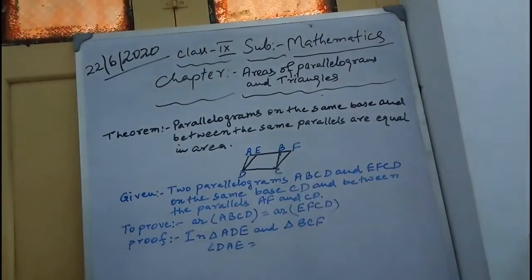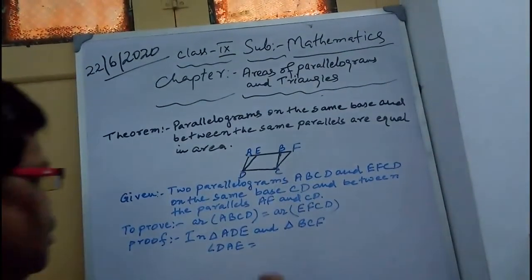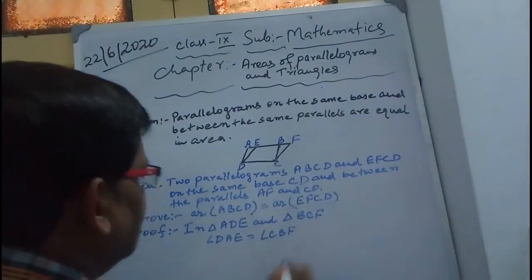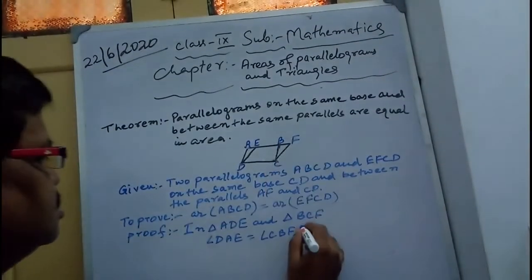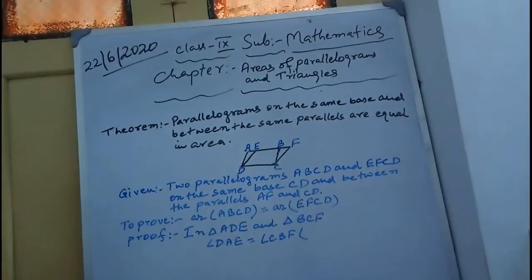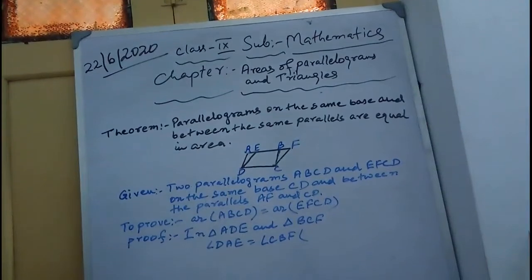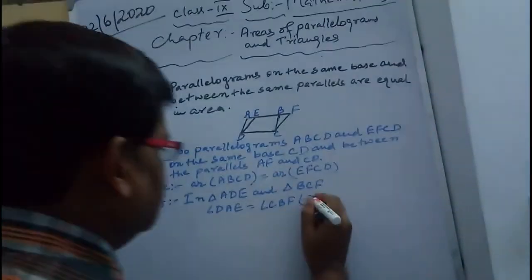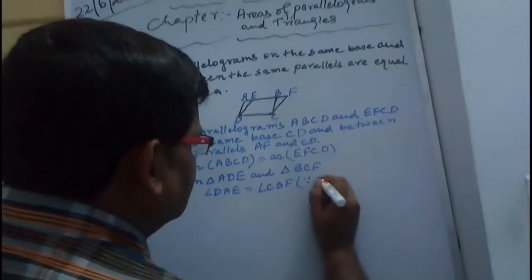This angle is equal to angle CBF, as these two lines are parallel and this one is a transversal, therefore these two angles become equal.